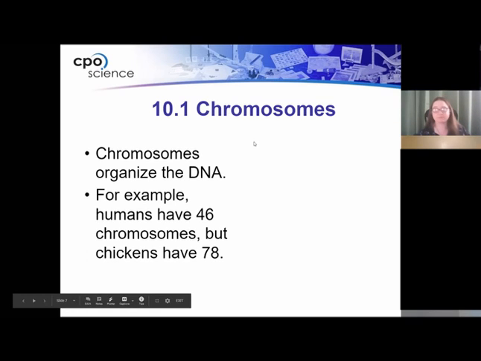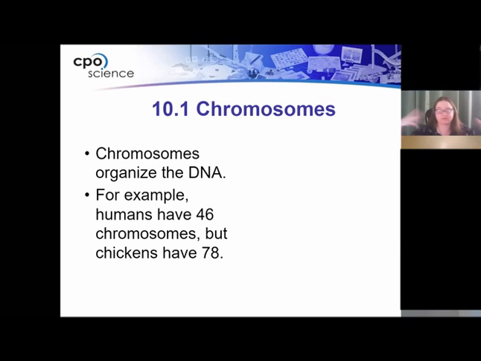So, for example, humans have 46 chromosomes, but chickens have 78. So in our bodies, we have a lot more than 46 total chromosomes, but in one of our cells, there's 46 chromosomes. So in this random cell right here on my finger, there's 46 chromosomes. In this cell right here on my eyeball, 46 chromosomes. On a cell in my lung, there's 46 chromosomes.